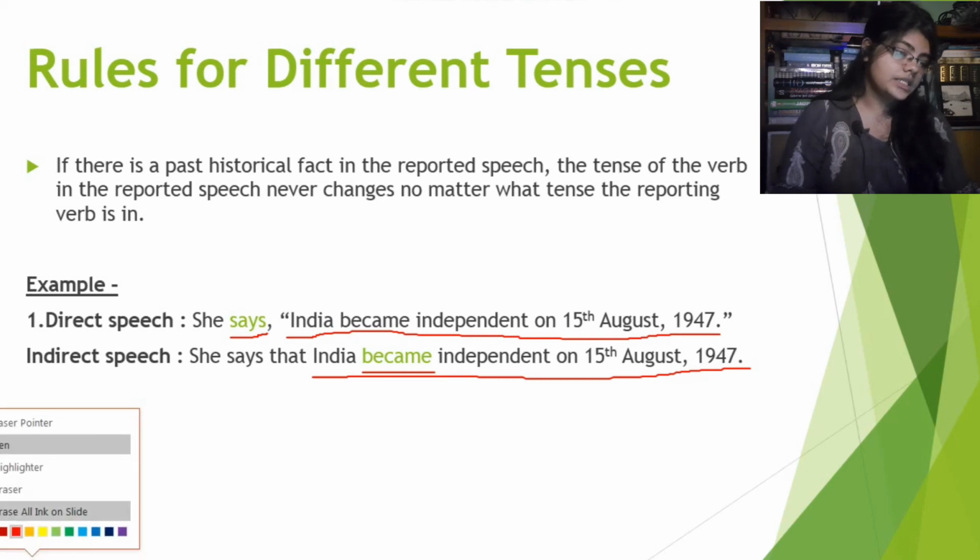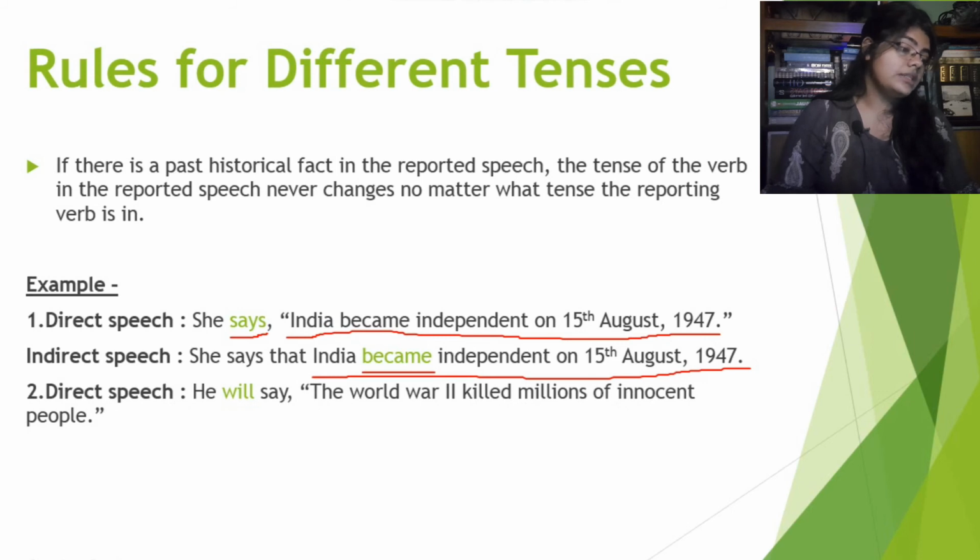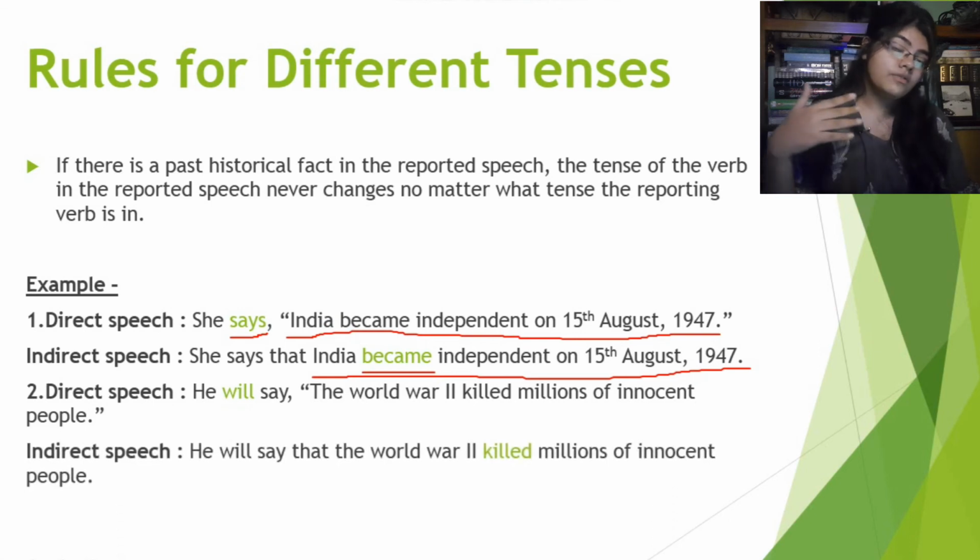Now, the next example. Direct speech: He will say, "World War II killed millions of innocent people." Indirect speech: He will say that World War II killed millions of innocent people. We can see here as well that of course it's "will" in the reporting verb.